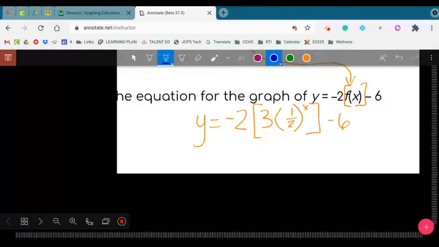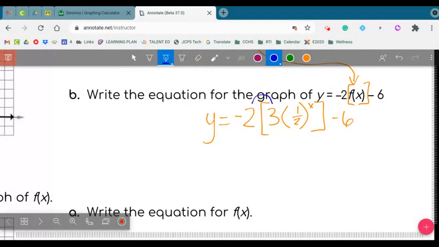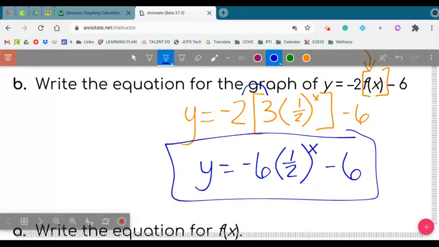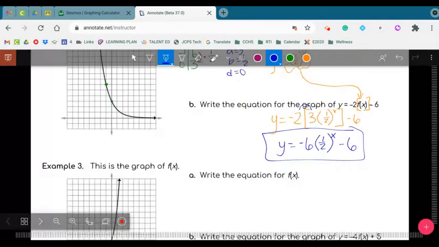If you remember the first one, you only have to distribute to that first term. So we're going to have y equals negative 6 times 1/2 to the x minus 6, and that is our answer. So if you're comfortable with writing the equation and just plugging in, remember you have to distribute that one number, and you should be good.